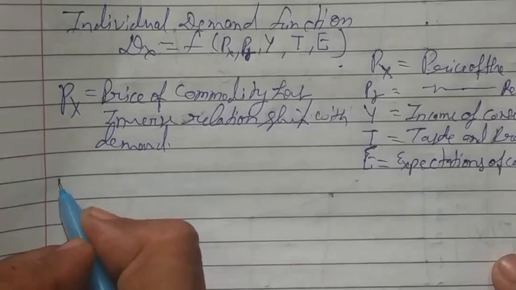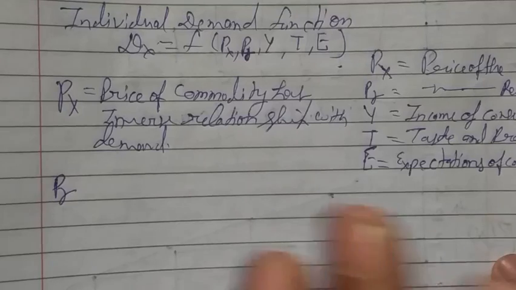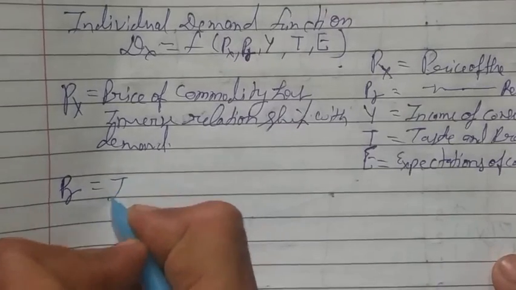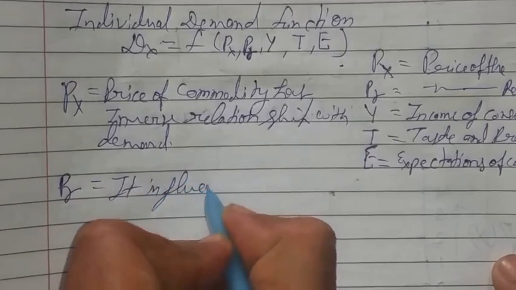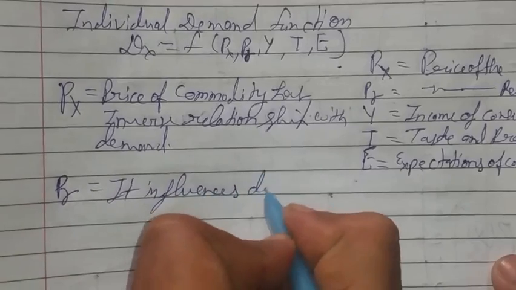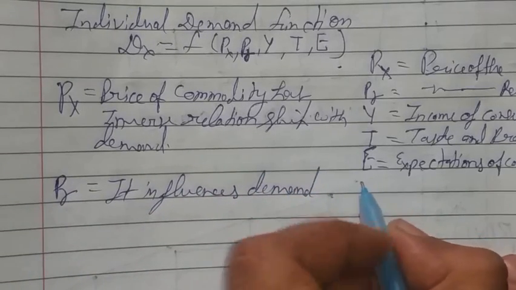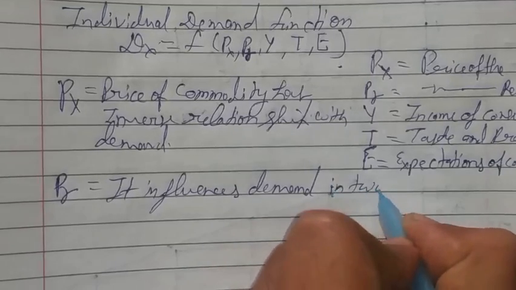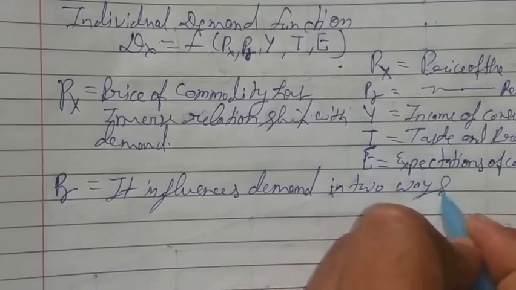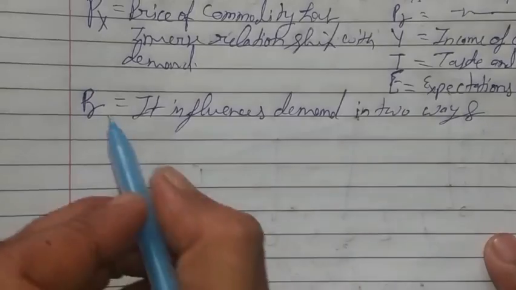Then we have PR, the price of related goods. It influences demand in two ways, as there are two types of related goods.